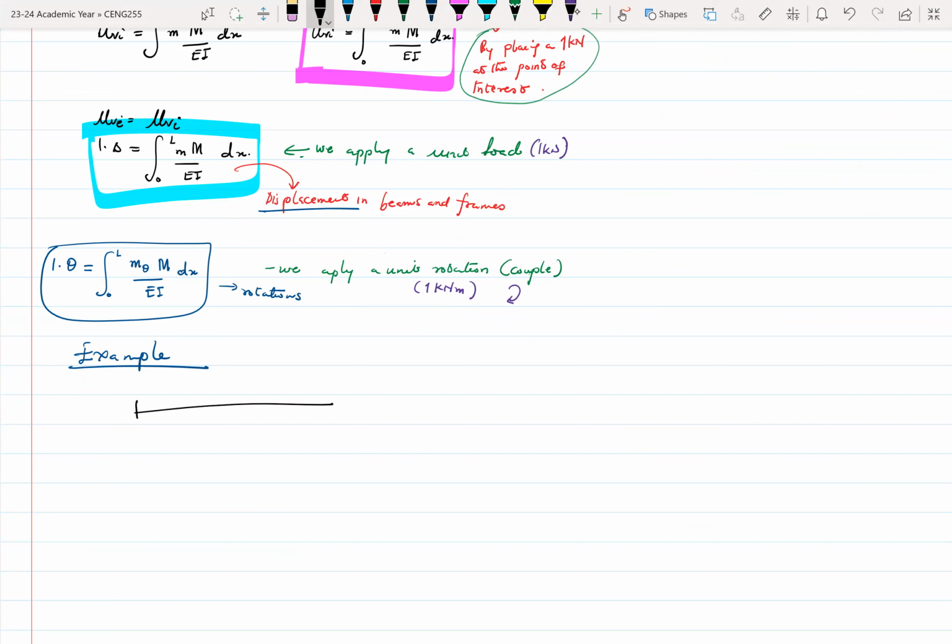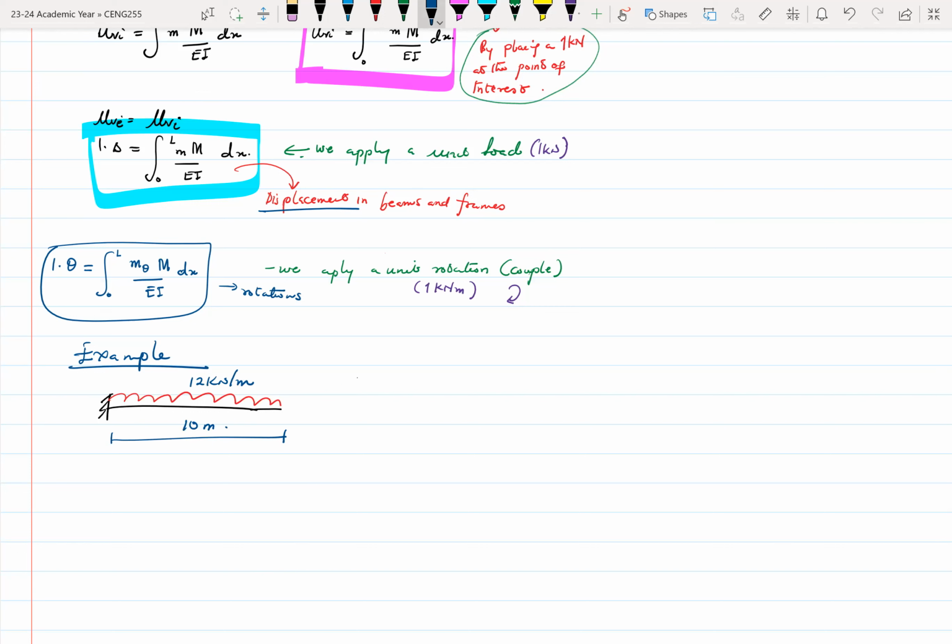Let's say we have a beam. We always use the simplest to explain, which is the cantilever. And this has some load, maybe 12 kilonewtons per meter, for example. The length is maybe 10 meters.